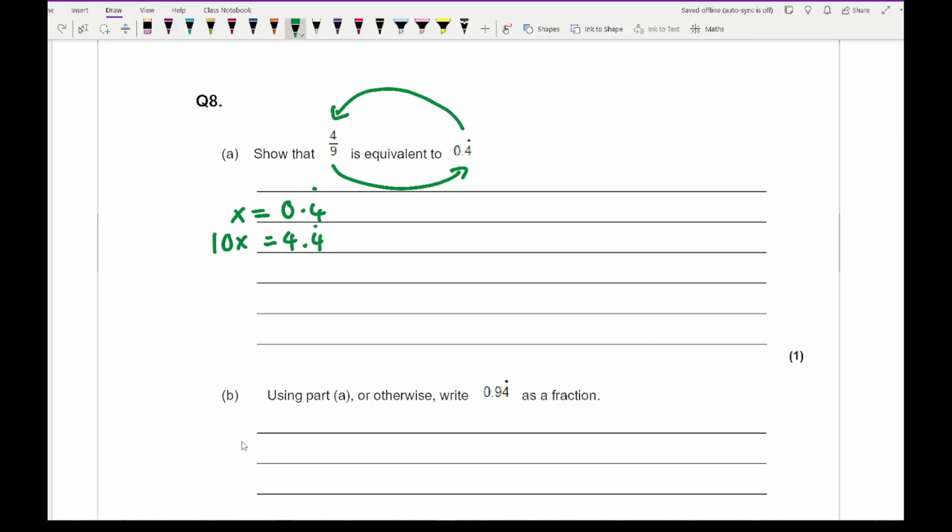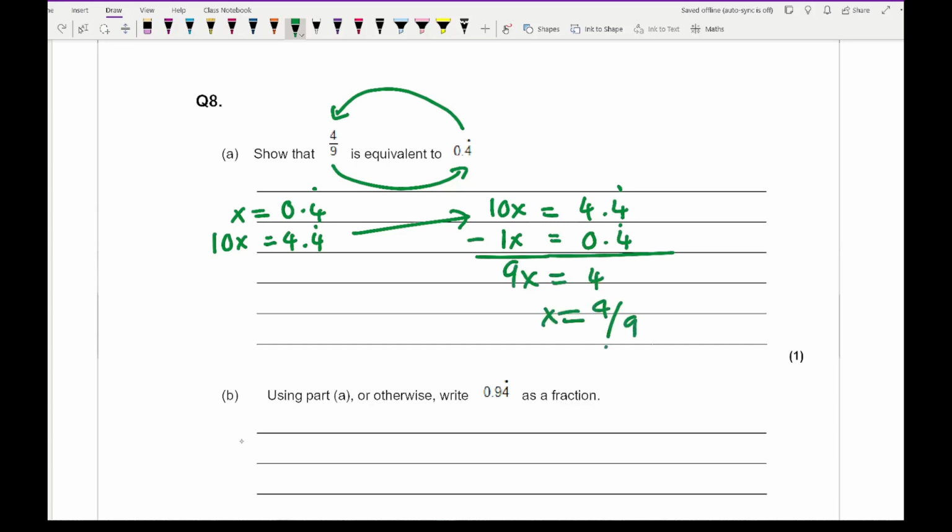Now we have the same number of digits after the decimal point, so I don't need to multiply it by a further 10 to get 100x, so it's just going to be 10x take away 1x. Oh no, that one is 4.4 recurring, that's 0.4 recurring. Take the two equations away, 9x equals 4, so x equals 4/9.